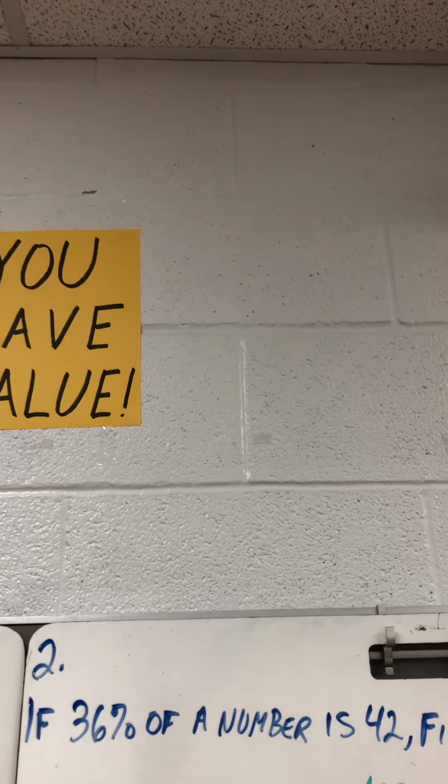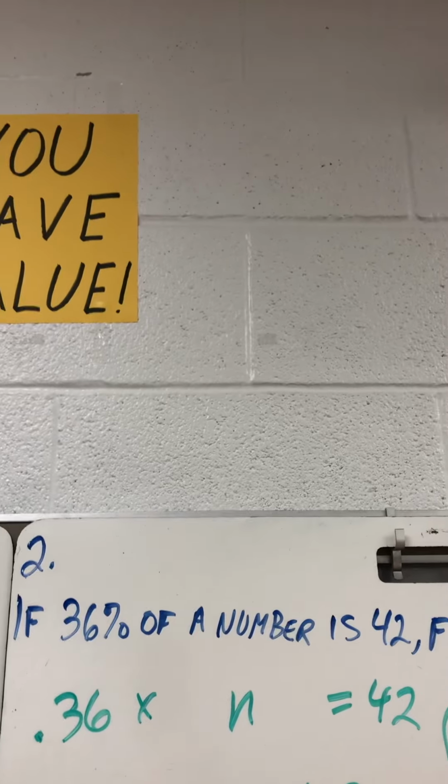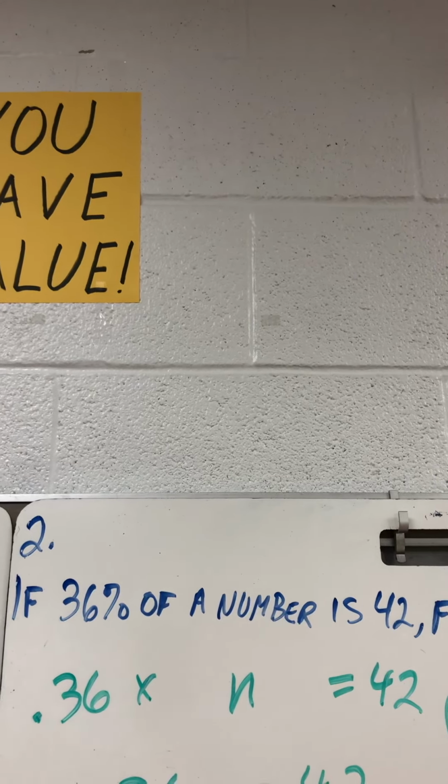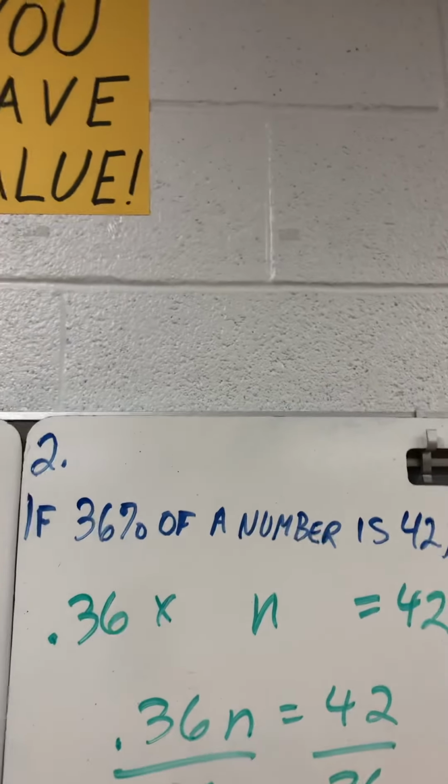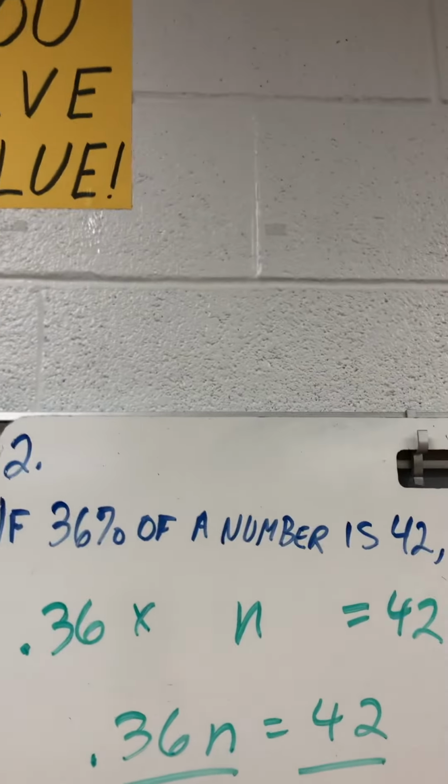36% of a number is 42. 0.36 times n equals 42. 0.36n equals 42. Divide by 0.36. 42 divided by 0.36 is 116.666666.